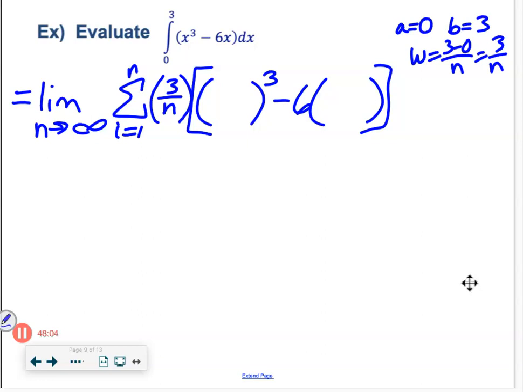What goes in the parentheses? Left endpoint plus width times i. Our left endpoint is 0, so our left endpoint plus width times i is 0 plus 3i over n. So you just have 3i over n in both of these. Now you're set up.